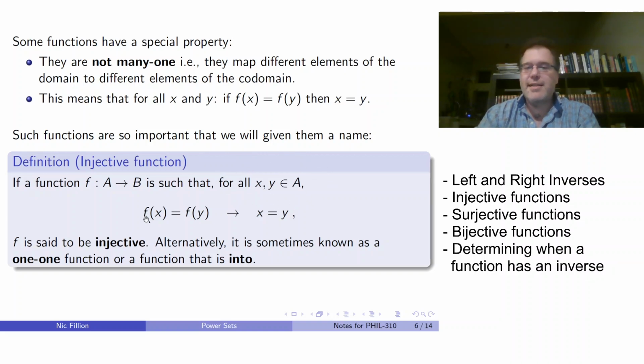If it's the case that f(x) equals f(y) implies x equals y, that means f is not a many-one function, and that means it's an injective function. There are other terms often used in mathematics to describe injective functions. One name is one-one function, and another name is a function that is into.